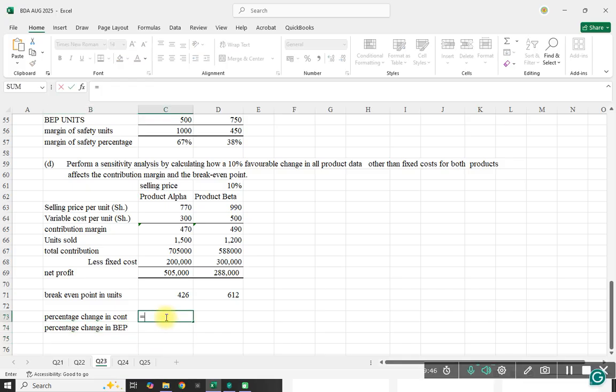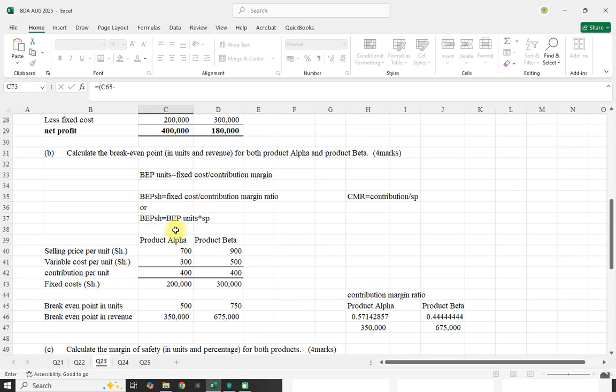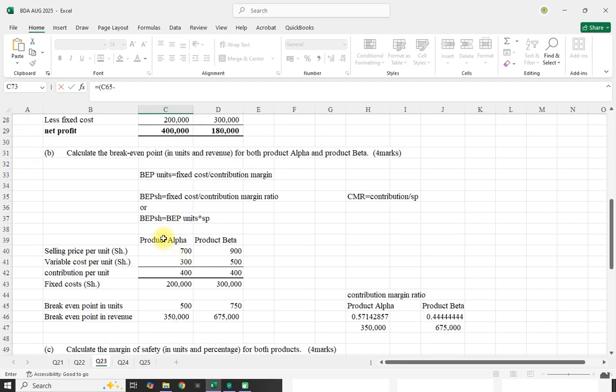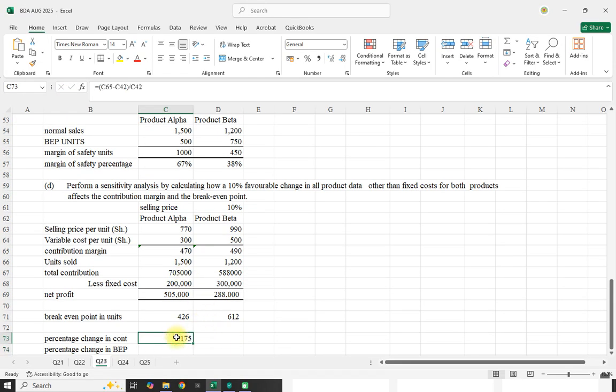So in contribution, it is increasing to 470. The initial contribution per unit that we have used here in part B was 400, so divided by 400, you convert to percentage, so it increases by 18%.